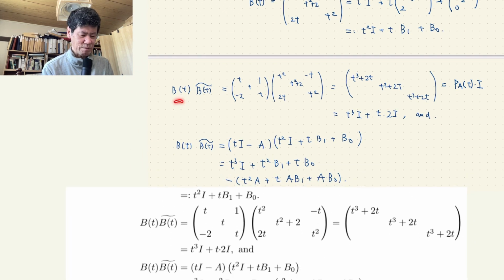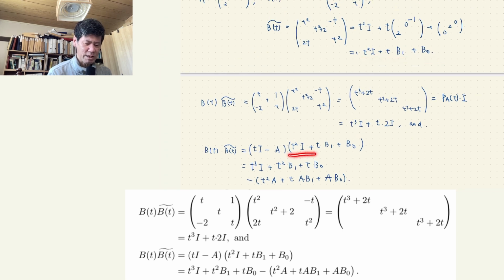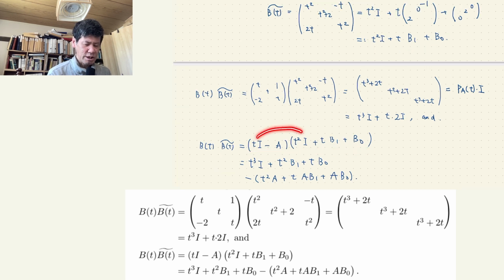Then B of t times B tilde of t equals P of t times I, which is equal to t cubed times I plus t times 2 times I. And B of t times B tilde of t is equal to tI minus A times t squared times I plus t B1 plus B0. And this is equal to t cubed times I plus t squared times B1 plus t B0 minus t squared times A plus t times A B1 plus A B0.